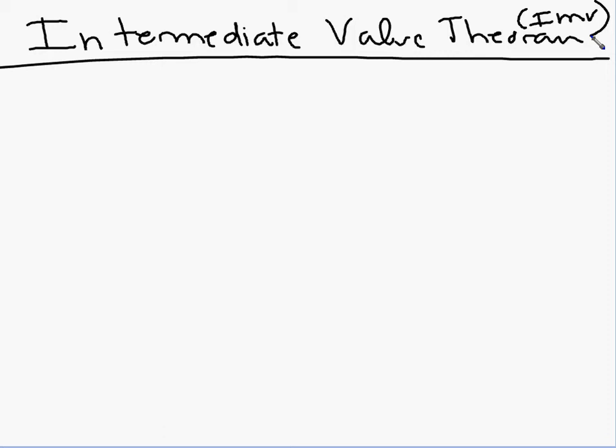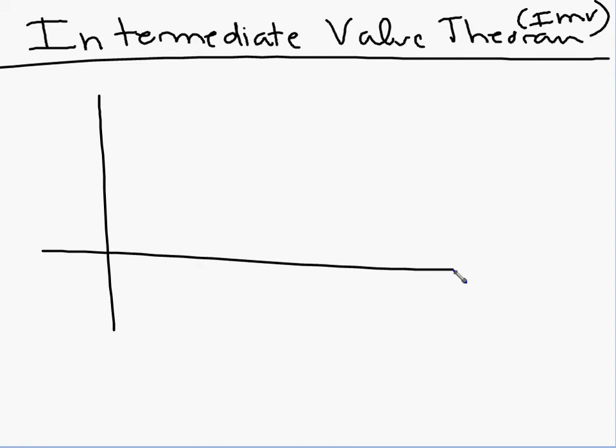Now, here's what it says. It has a big, long definition, but I'm going to give you a shorter one. The idea is, if I have this function from a to b, there's my function.